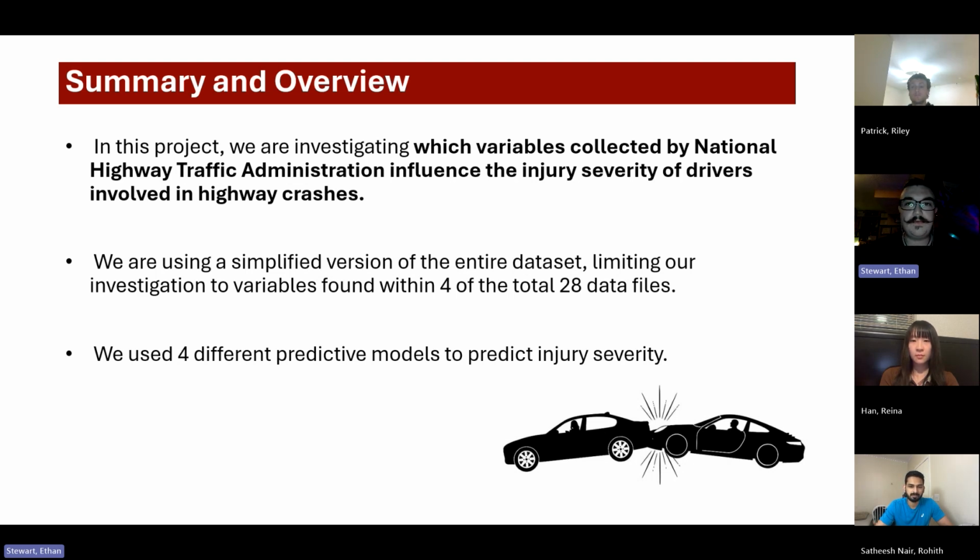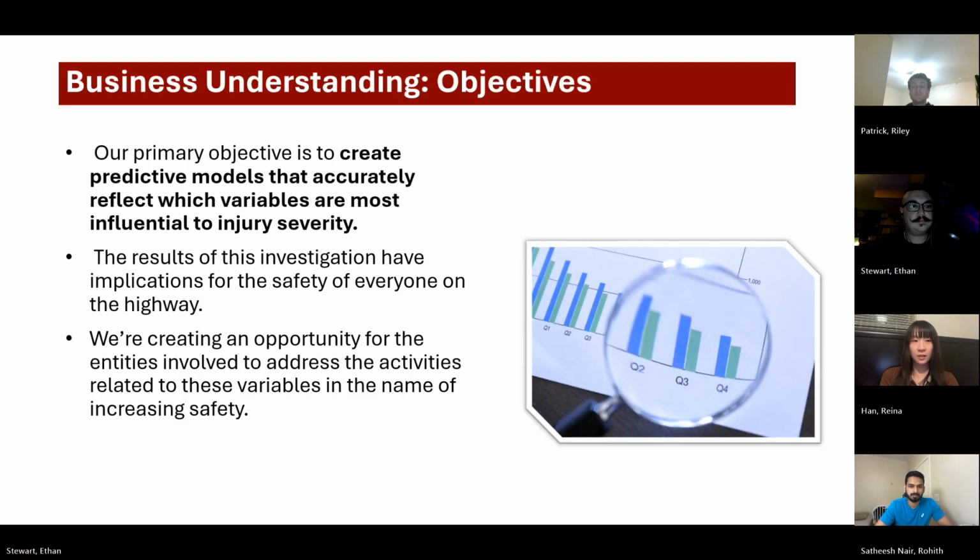We ended up creating 4 different predictive models to determine injury severity that we'll go into more detail about later in the presentation. Our goal in this project was to create predictive models that can show which factors are most influential to determine the injury severity in car accidents.